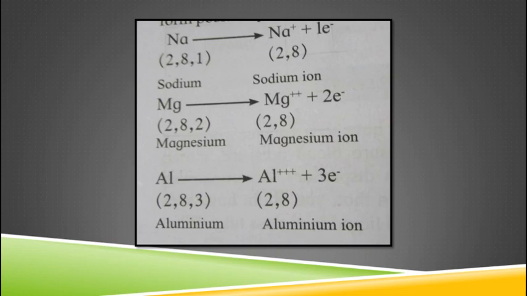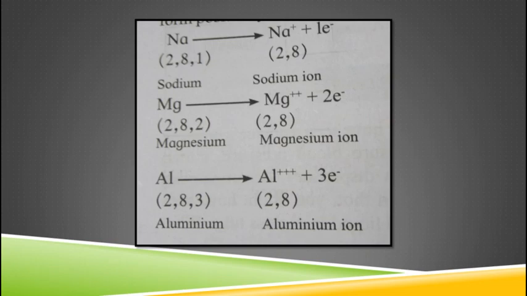Now next is magnesium metal. The electronic configuration of magnesium is 2, 8, 2. After losing 2 electrons, it forms magnesium Mg2+. Here 2 plus signs are there, which means it loses 2 electrons. Students, we already know that elements lose or acquire electrons to attain stability.